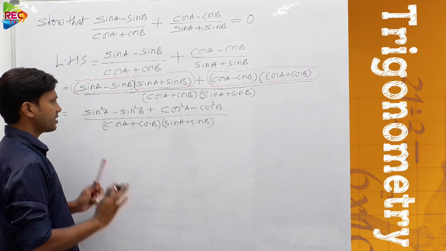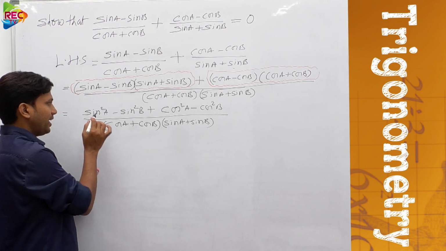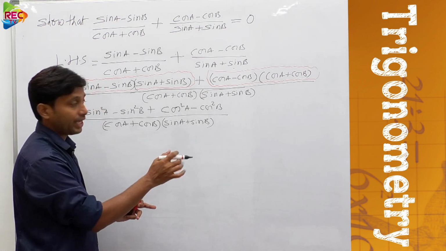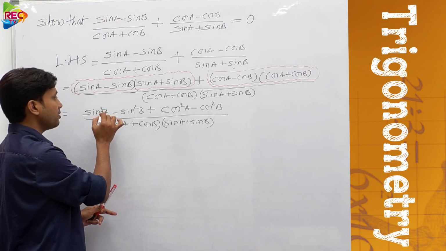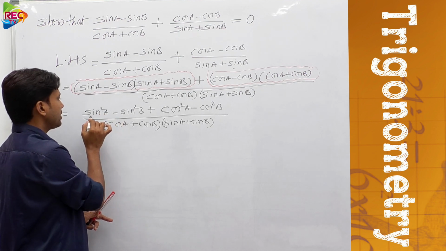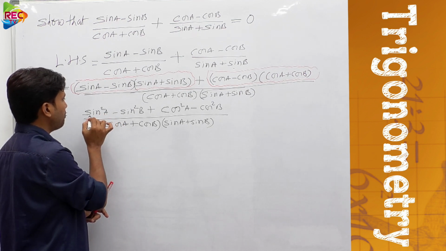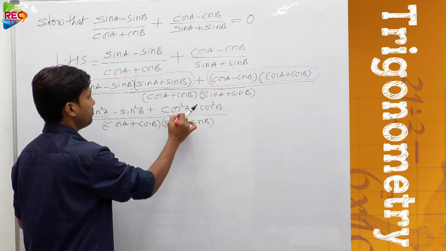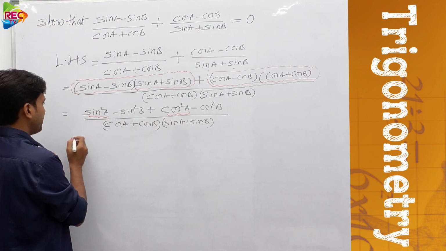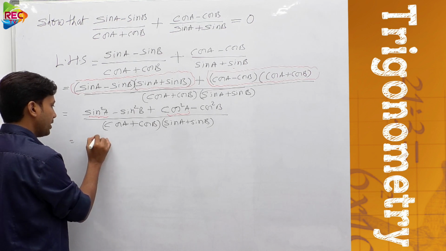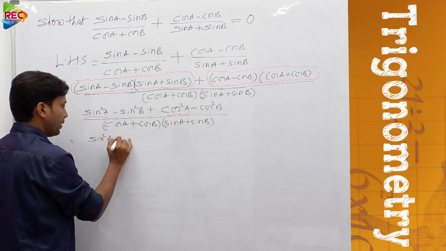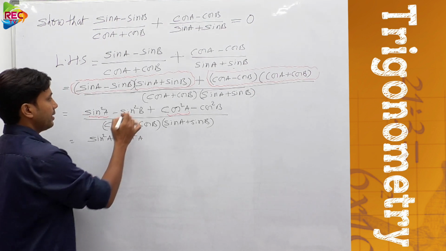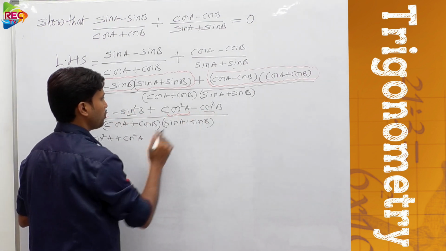Now just observe, we can rearrange the terms of the numerator part. Don't touch the denominator. Here rearrange the terms of the numerator part. Sin square A and cos square A, put together. This term and this term you put together. Then what do you get? Sin square A plus cos square A. Next, this term and this term you put together.